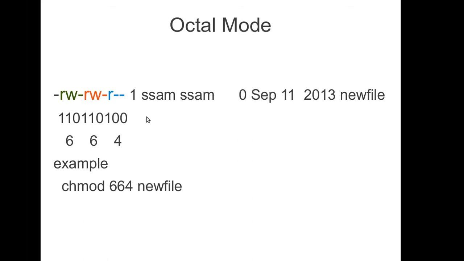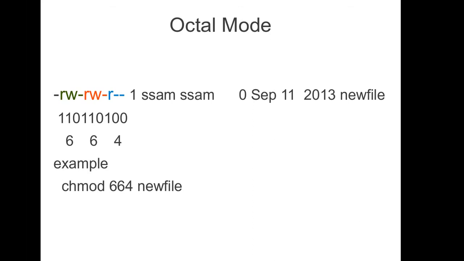Here in the very beginning you can see the permissions which are given to the user, group and others. For user we have read, write and no execute permission. For group we have read, write and no execute, and for others we have read, no write, no execute. In octal mode we replace these permissions with its binary correspondent.